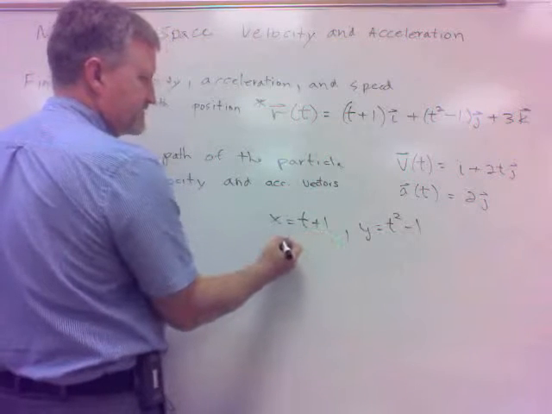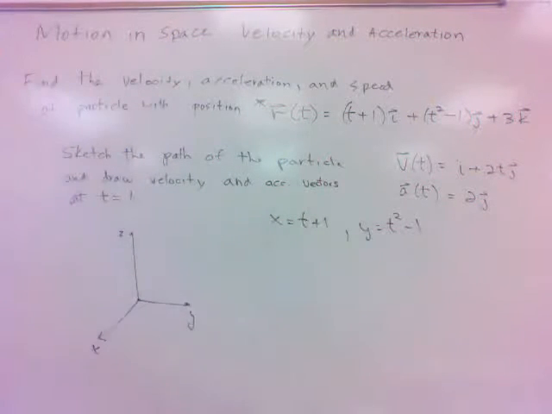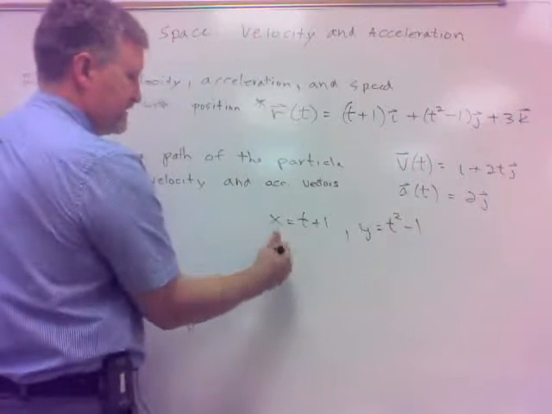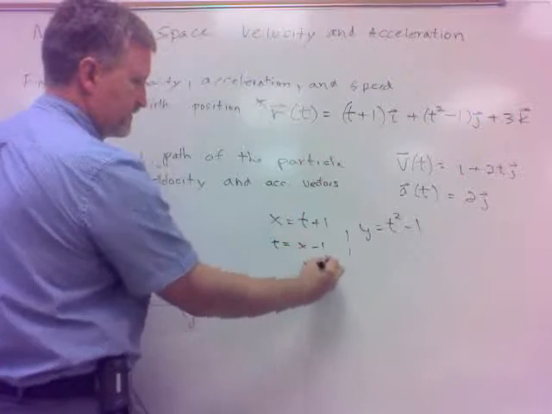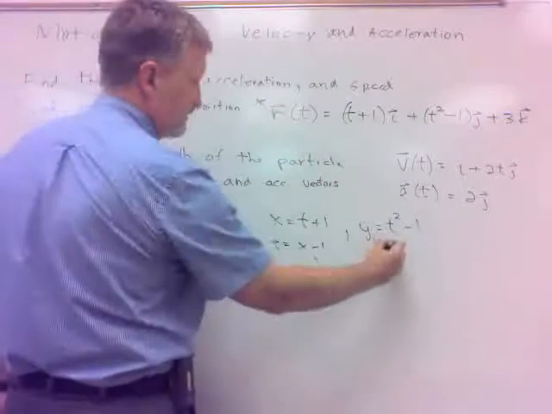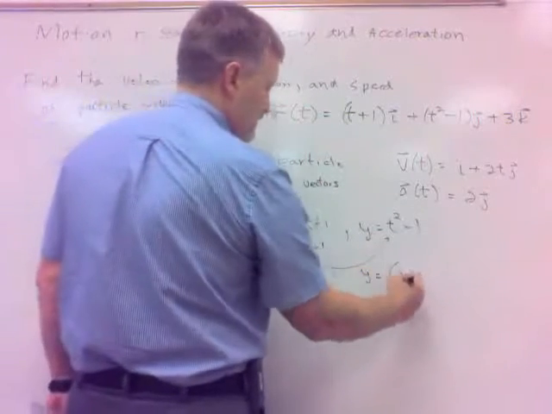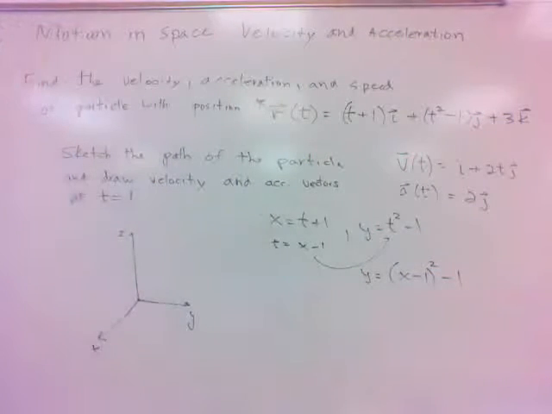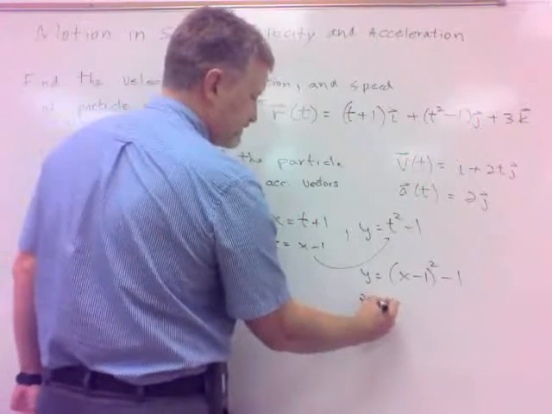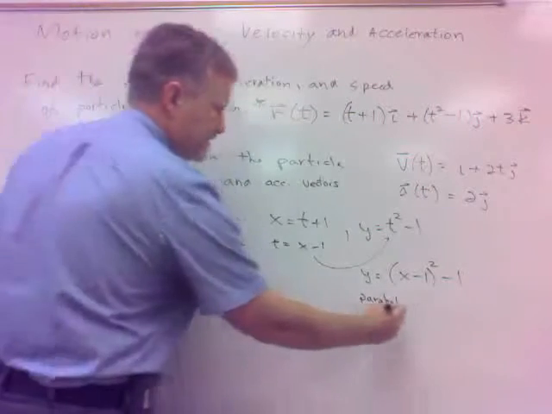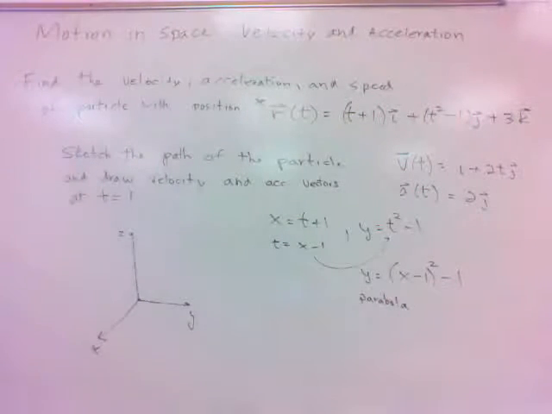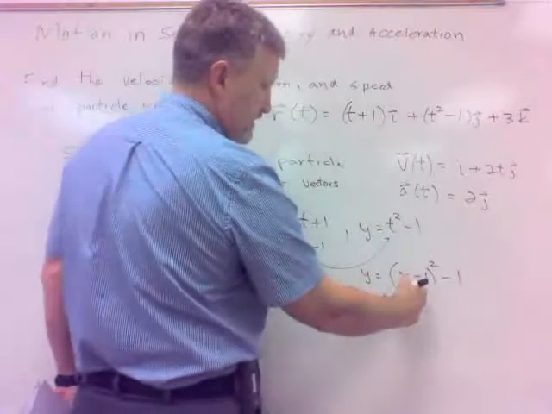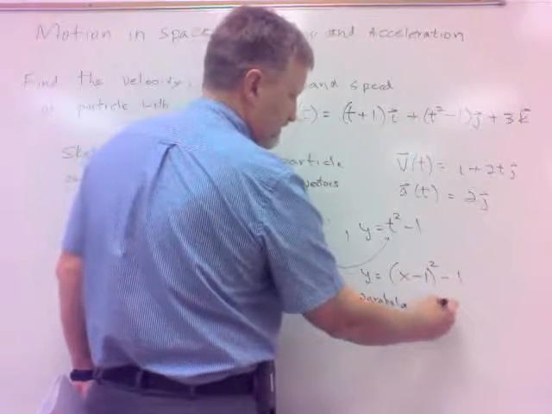So if we solve one of them for t, which makes sense here to solve this one for t, t on this one would be x minus 1. And then we can just plug in that for t. So we have y equals (x minus 1) squared minus 1, which is what? That'd just be a parabola. So in the xy plane here, we've got a parabola. Let's see, that would have its vertex at (1, negative 1).